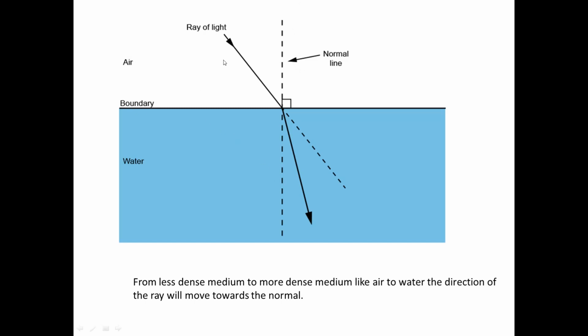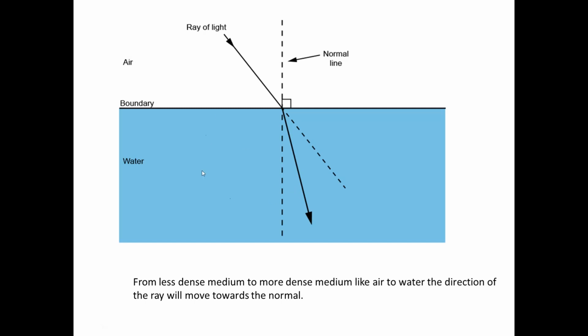But what is the difference? The light of the incident ray will not reflect, it will refract. What is the meaning of refract? It will pass through the medium, but it will change the direction. It will not continue in the same direction. How will it change the direction? Please concentrate with me.